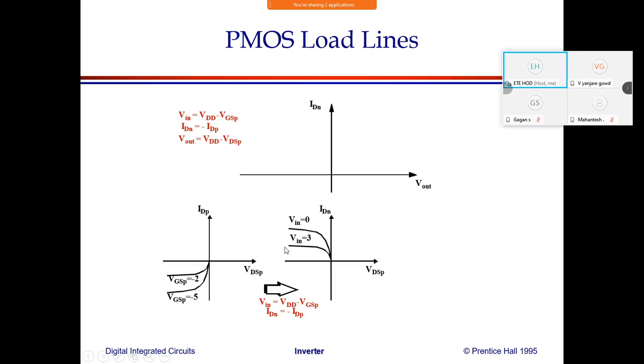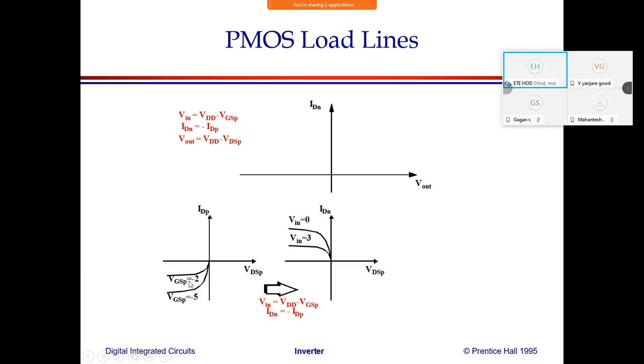Can you see that whenever VGSP is minus 5 volt, or whenever the input voltage is 0, does this minus 5 correspond to 0 input voltage? Yes, sir. So the bottom plot has gone up for this one. Is it correct? Yes, sir.